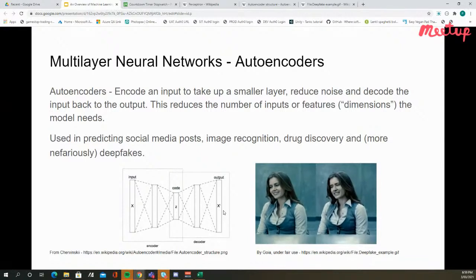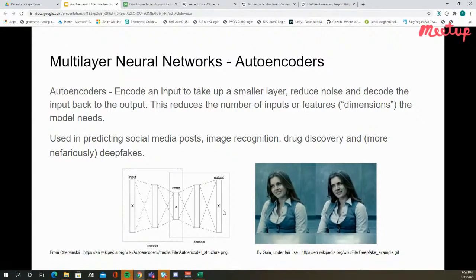This is useful in a number of ways. It can take out noise, and it can simplify the number of inputs or features, which they call dimensions. It's part of something called dimensionality reduction, and this can make for simpler models.